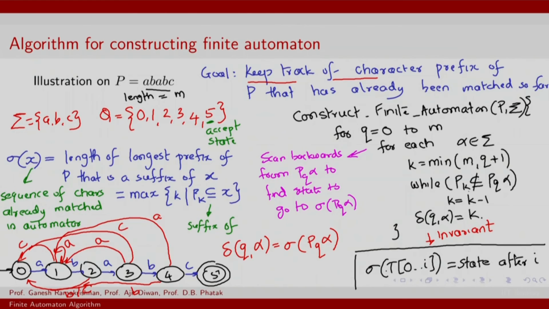Of course, we need to complete the for loops. This has helped us complete the delta for every state and for every alpha, and basically delta q comma alpha points to the length of the longest prefix of p that is a suffix of pq alpha.